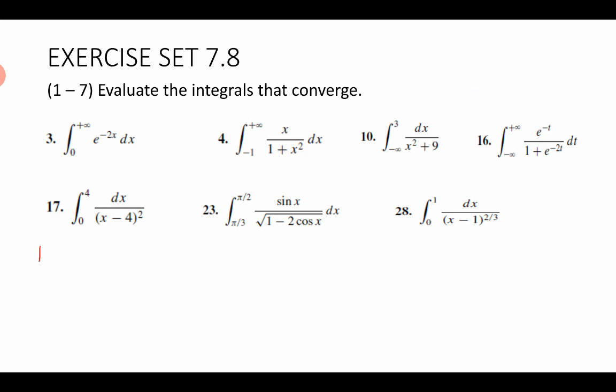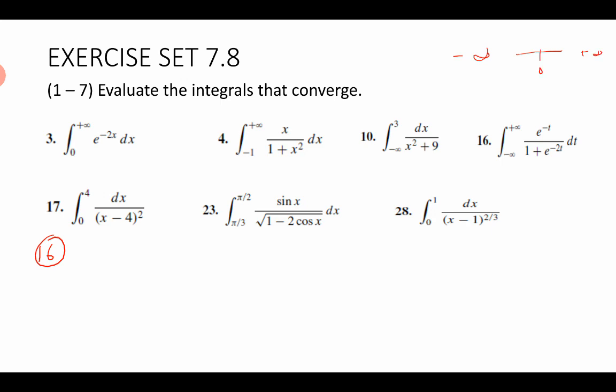We are going to start problem number 16. Substitution method. So in here both the limits are infinite. Lower limit is negative infinity, upper limit is positive infinity, so we can replace both of them by taking a point between negative infinity and positive infinity.